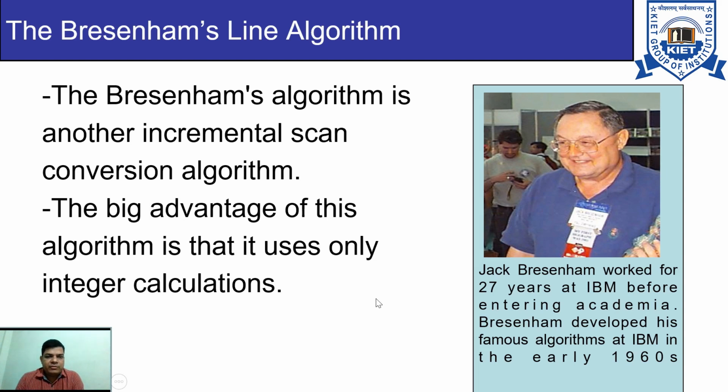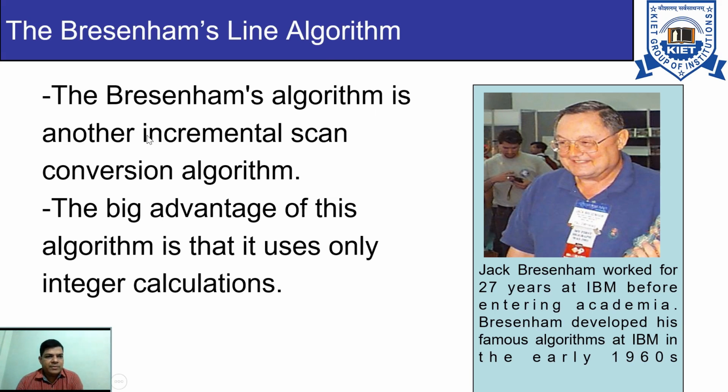Before this lecture I have already discussed the DDA algorithm, which is the first algorithm used to draw a line on a raster scan system, and we have already seen there were some limitations of the DDA algorithm. Because of that we are using this second algorithm, called Bresenham's line drawing algorithm.